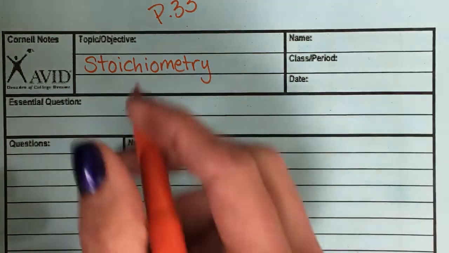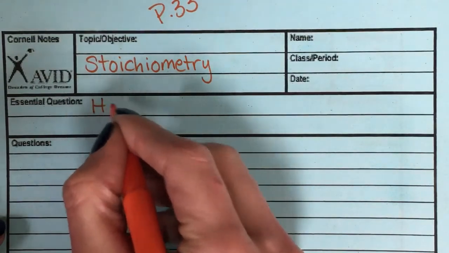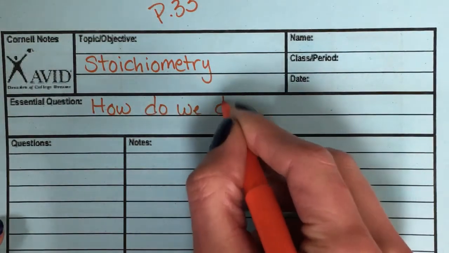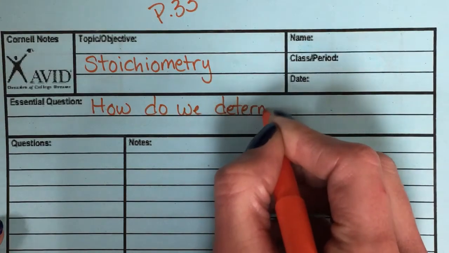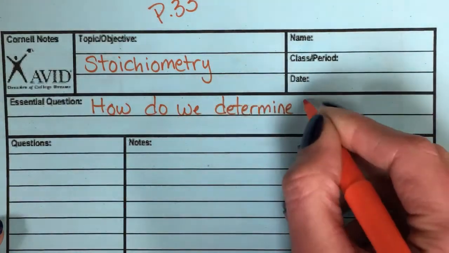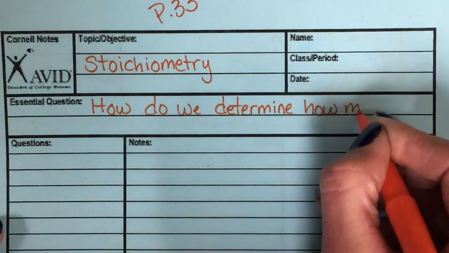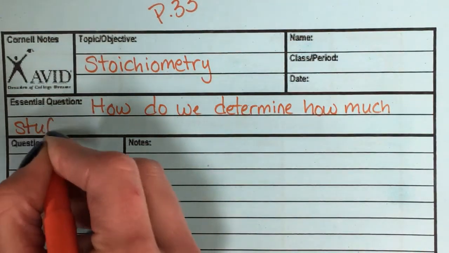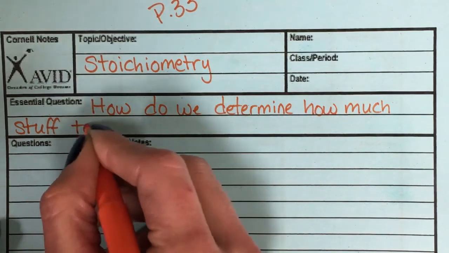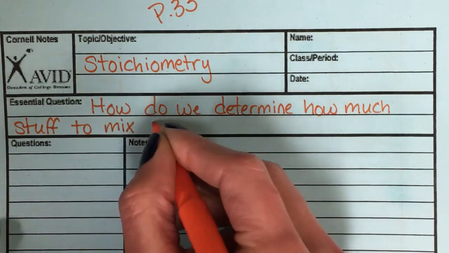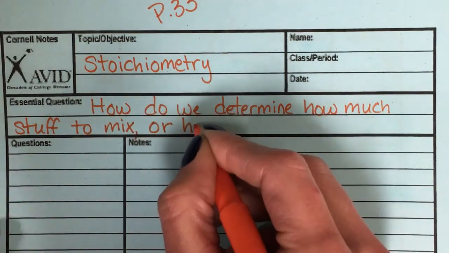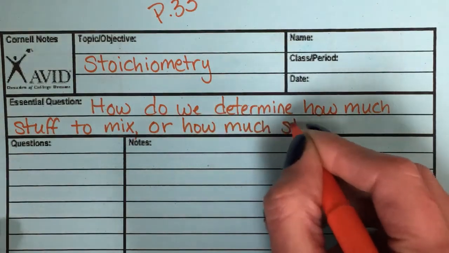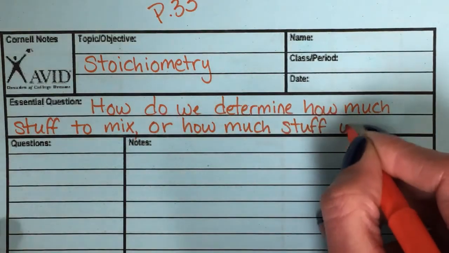So what we're going to be trying to figure out is how do we determine how much stuff to mix, or how much stuff will form.